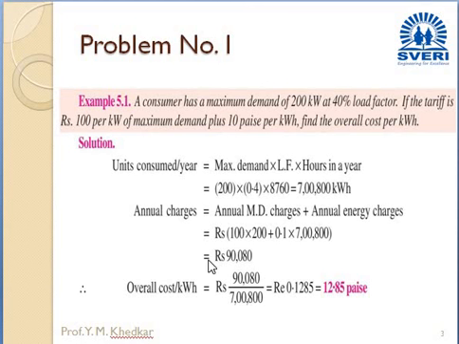Now annual charges will be annual maximum demand charges plus annual energy charges. It means this is the fixed cost and this is the running cost.